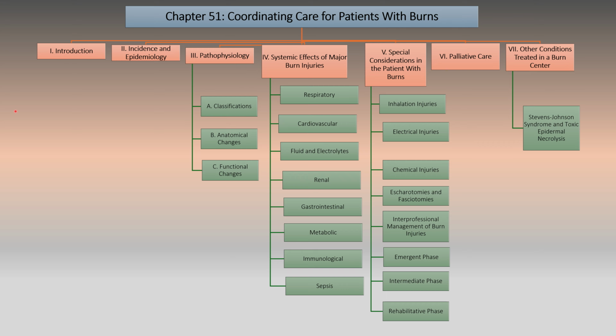We need to know the book has a case study. It talks about a 40-year-old patient weighing 220 pounds, so it's about 100 kilograms. Injuries: burns to the face, anterior trunk, and bilateral upper extremities, sustained while throwing gasoline on a brush fire.